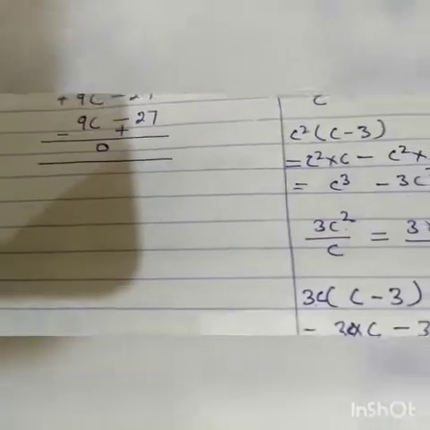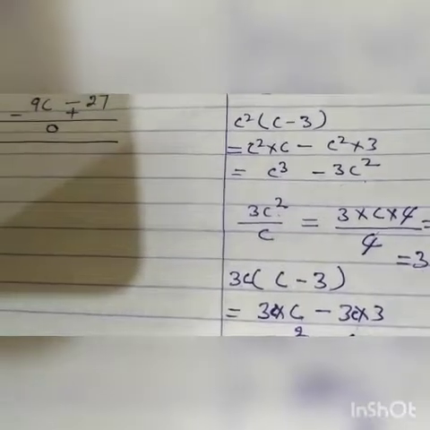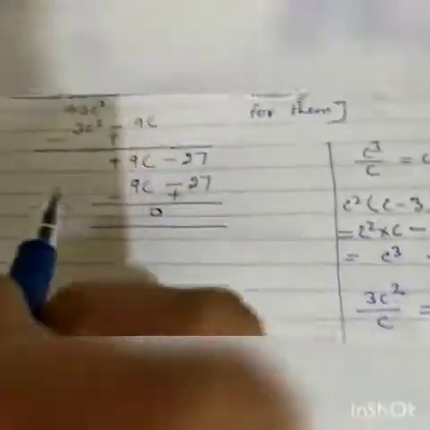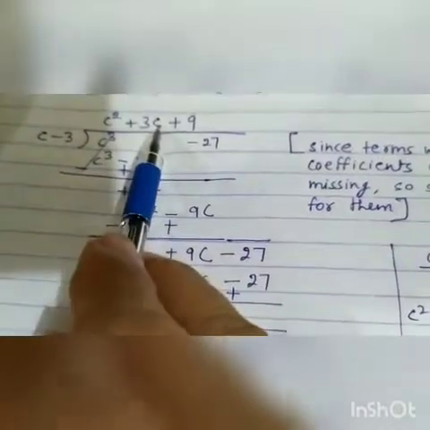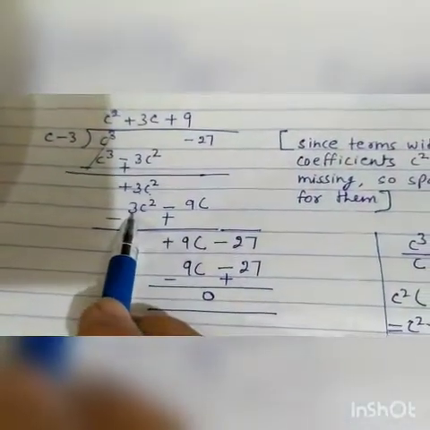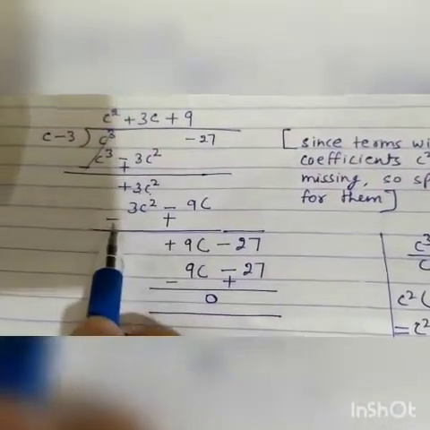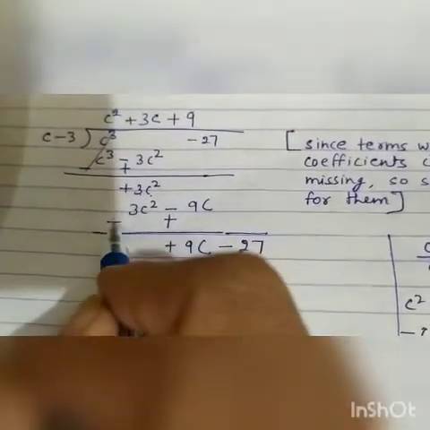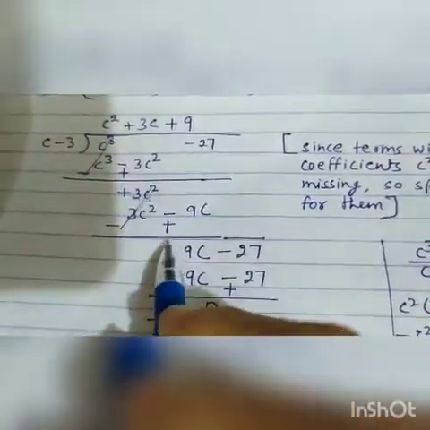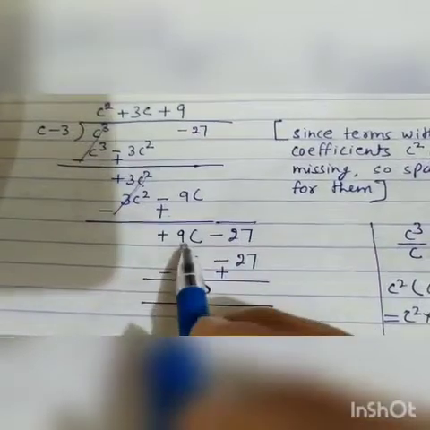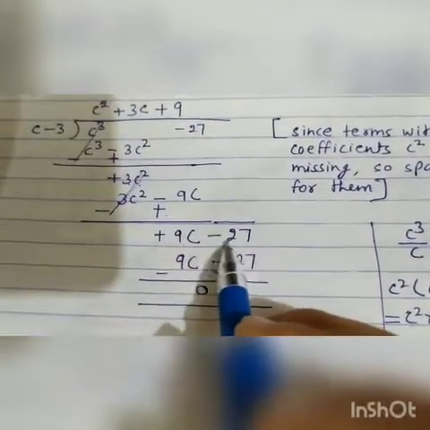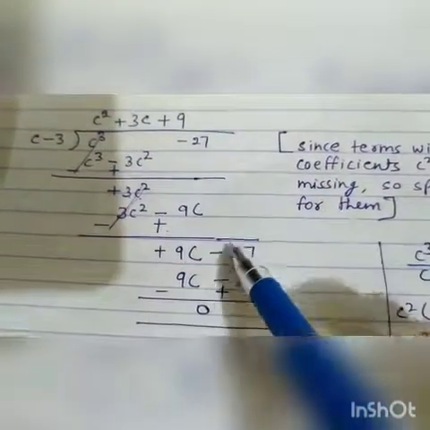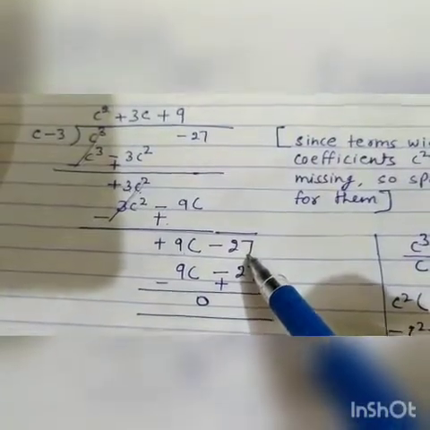We will write this 3c as quotient and this is the product. So write here plus 3c and write product 3c square minus 9c. Change the sign. Plus 3c square minus 3c square cancel. Now it is plus 9c. We will write here plus 9c minus 27. This minus 27 now will be written here.